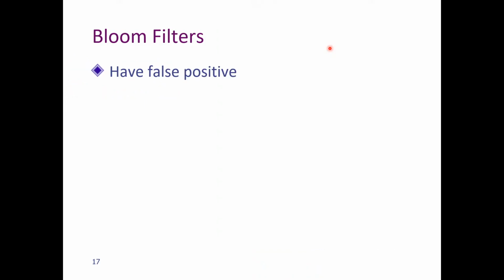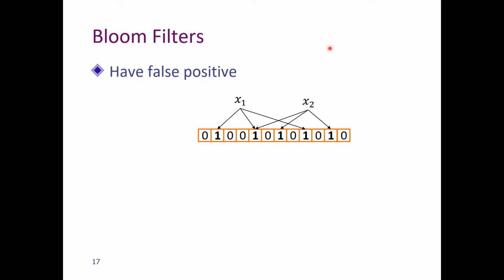So Bloom filters have false positives. Why? Look at this example. We have inserted x1 and x2. Now, there's an alien element y, and we want to test whether y is in the set. But y is a lucky guy. It maps to 3 random positions, but very luckily, all those 3 positions are ones.